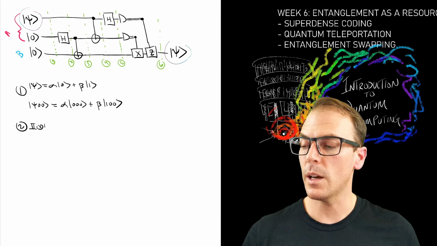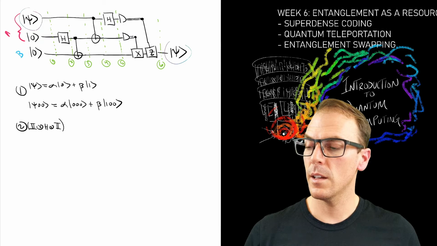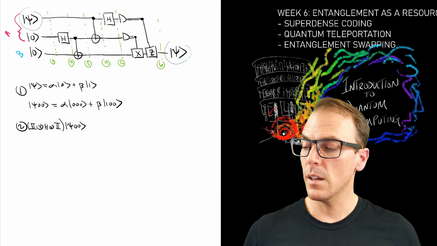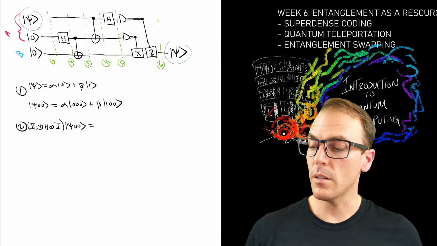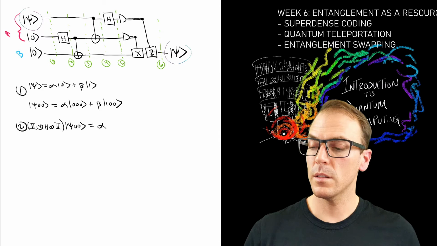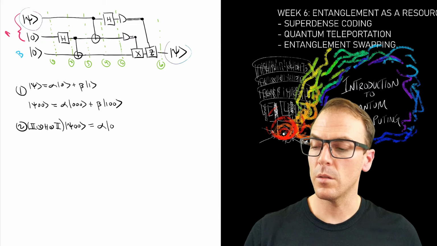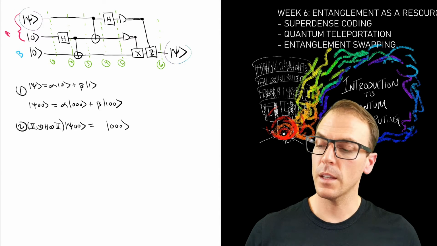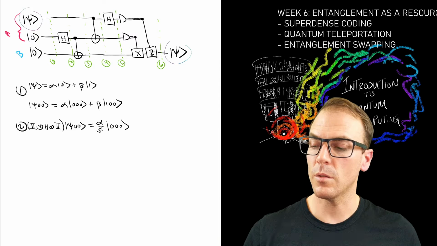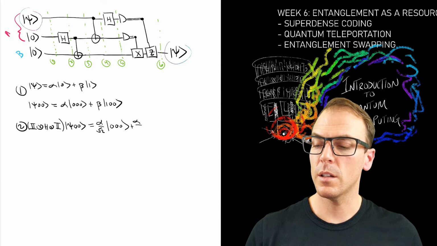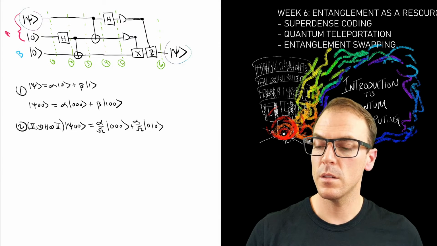Just to be concrete about it, we have I, H, I acting on the state here. And so we have alpha, and that's going to go to 0, 0, 0, let's not forget the 1 over root 2, plus alpha 0, 1, 0.